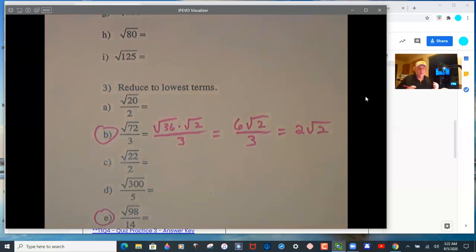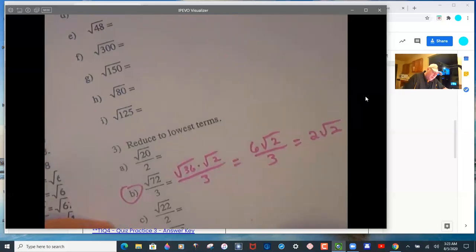Why are we doing this? We're doing this because you're going to have to do this in dealing with the quadratic formula, which is one of the two by-hand ways we have of getting x-intercepts in a quadratic. The other is completing the square. So 98, the largest perfect square there, I believe, is 49.